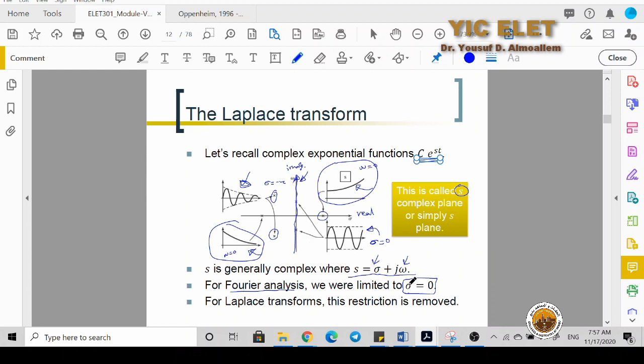Once we add this sigma, then we have switched from this axis to this plane, as you can see here. And as you can understand, we prefer to stay on the left side of this S domain. Whenever we are at the left side of the S domain, this exponential will be somehow stable.